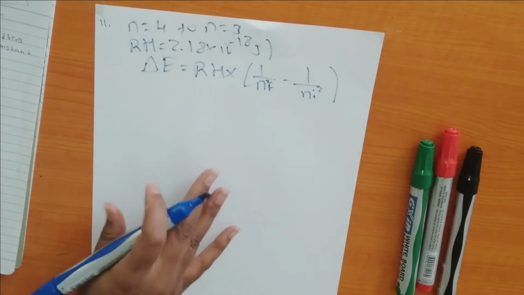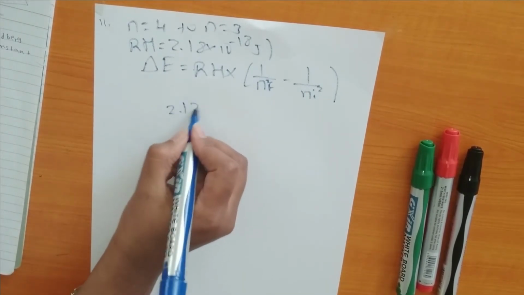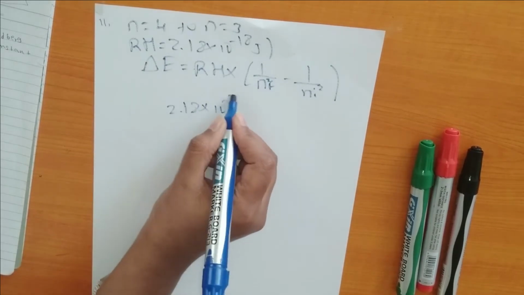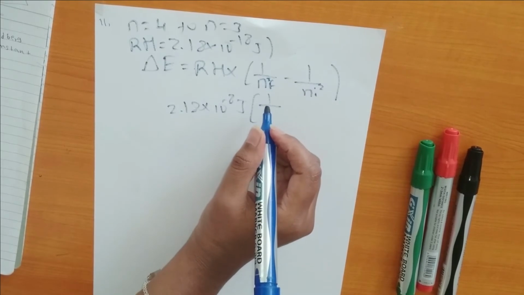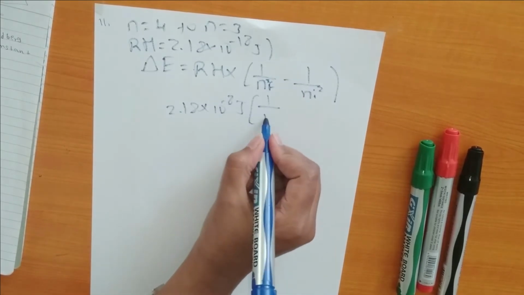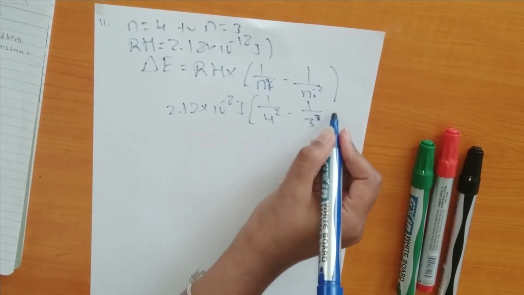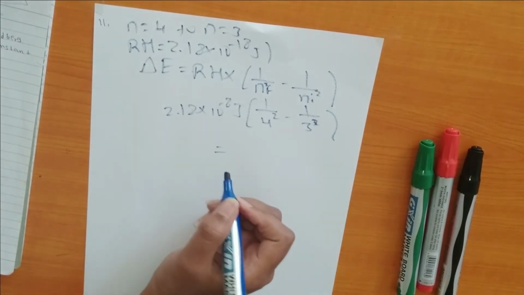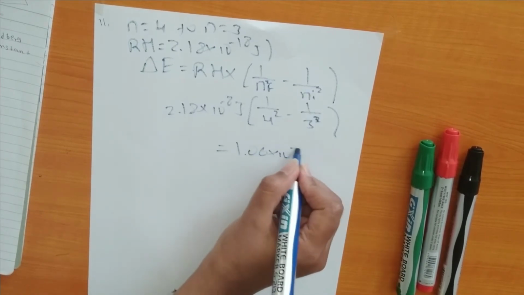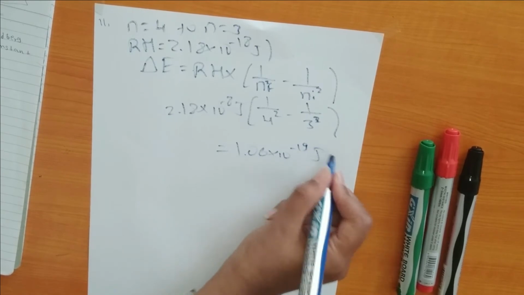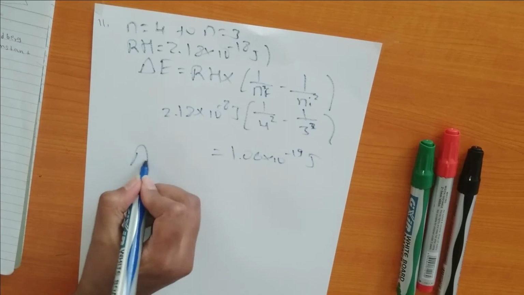So we are going to put the numbers: R_H, 2.18 times 10 raised to minus 18 joules, times (1 over 4 squared minus 1 over 3 squared). So this is going to give us how much? 1.06 times 10 raised to minus 19 joules. So our answer will be A.